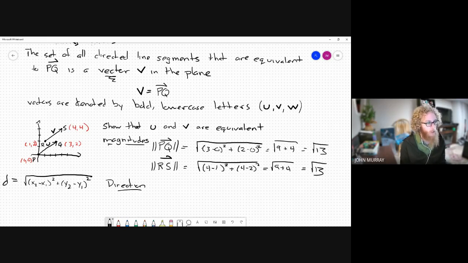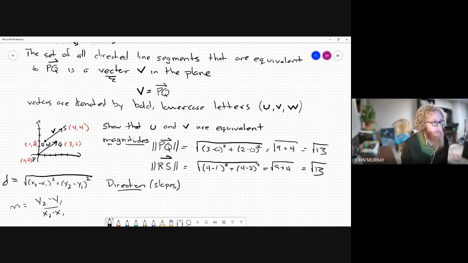So to calculate direction, we're going to take a look at the slopes. Remember, slope is y2 minus y1 over x2 minus x1.